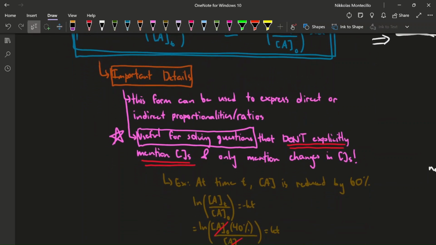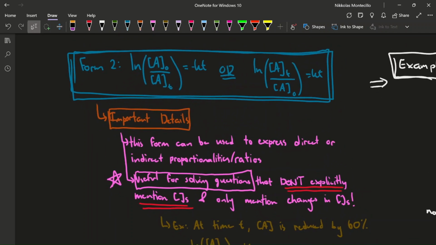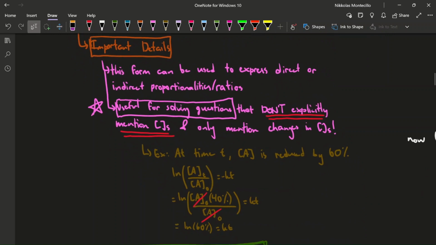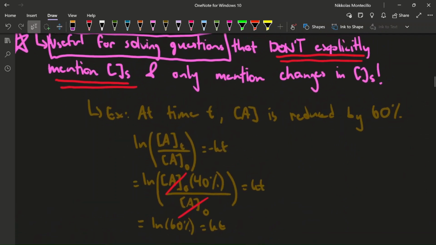This is a very important detail that we want to note when we're using this form for first order integrated rate laws: we can use this form to solve questions that don't explicitly mention the concentrations, and rather only mention the changes in the concentration. Say, for example, at a time t, the concentration is reduced by 60%.